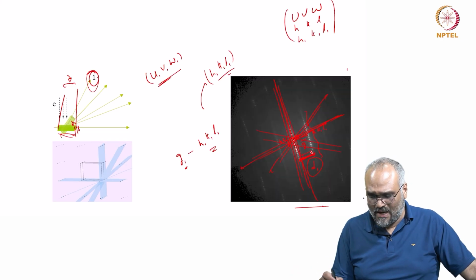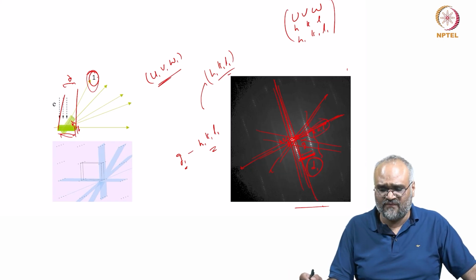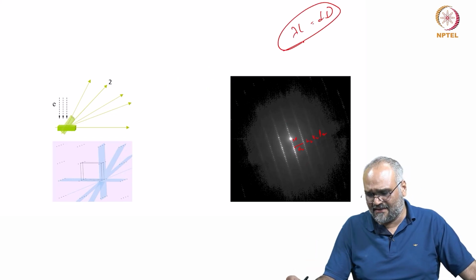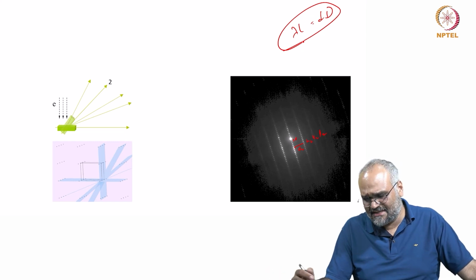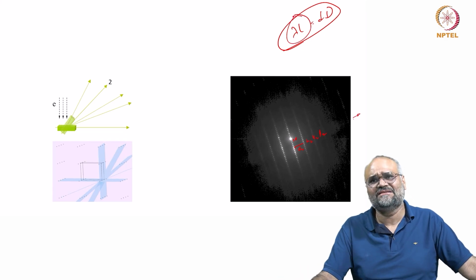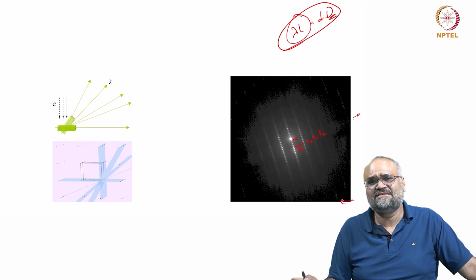So, these values of D1 and H1, K1, L1 and D, I can determine from the lambda L is D kind of relationship. For every microscope, based on the acceleration voltage and the length at which you are recording the diffraction pattern, this value would be fixed, and you can physically measure this based on the scale bar you get.